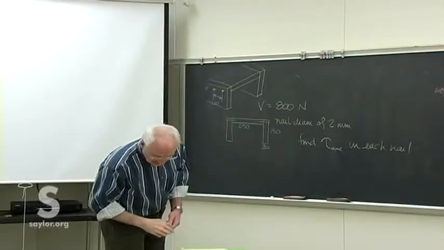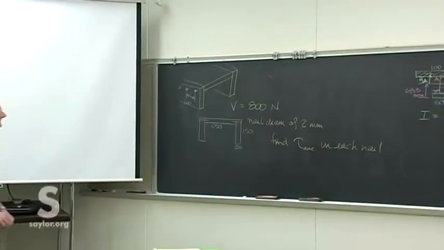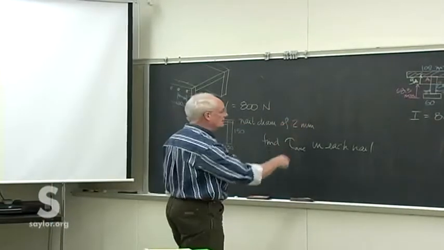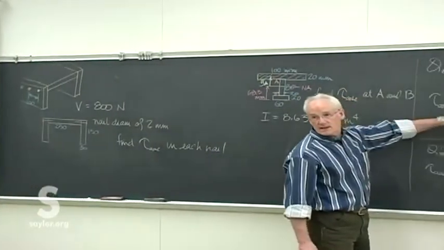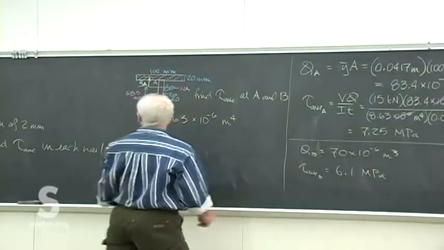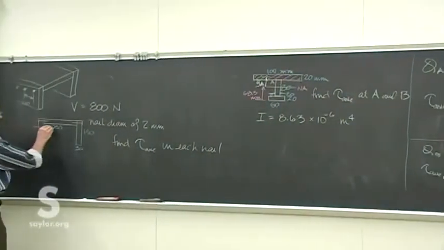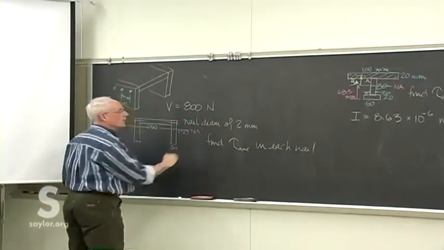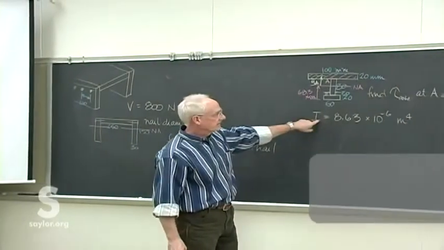All right, find that. Let's see, make sure you got all the pieces there. Okay, average shear stress in each nail, just like we did over there, VQ over IT. So you're going to need to find the cross-sectional moment of inertia, which means you're going to need to find the neutral axis. Obviously, it's going to be somewhere up near the top, but you need to find where so that you can find the cross-sectional moment of inertia.